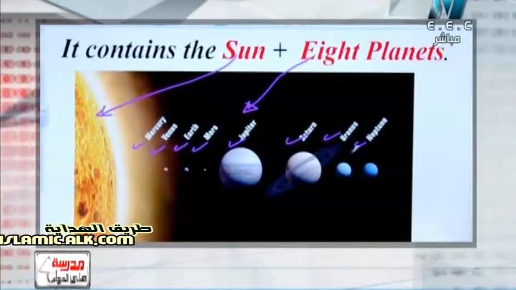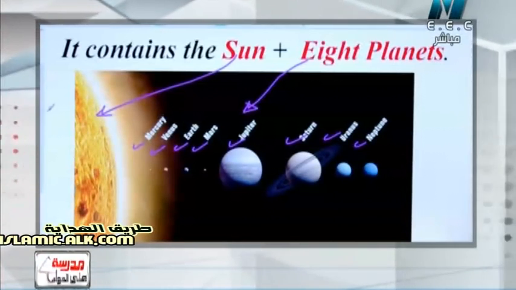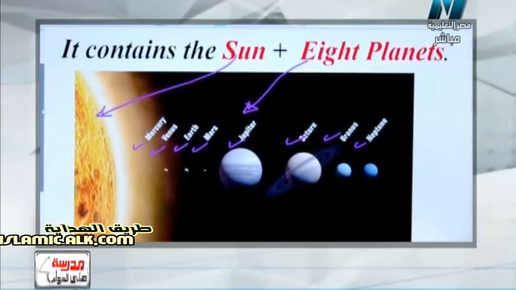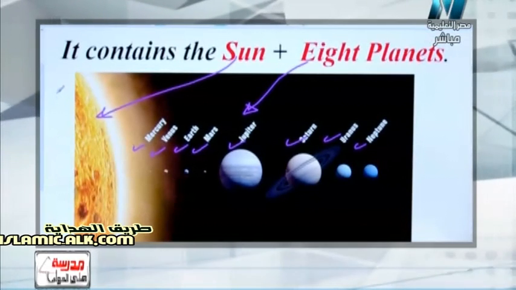But before we talk about that, we have to know how the universe is formed. The solar system consists of the sun and 8 planets. How long is the distance across all the components of the solar system?